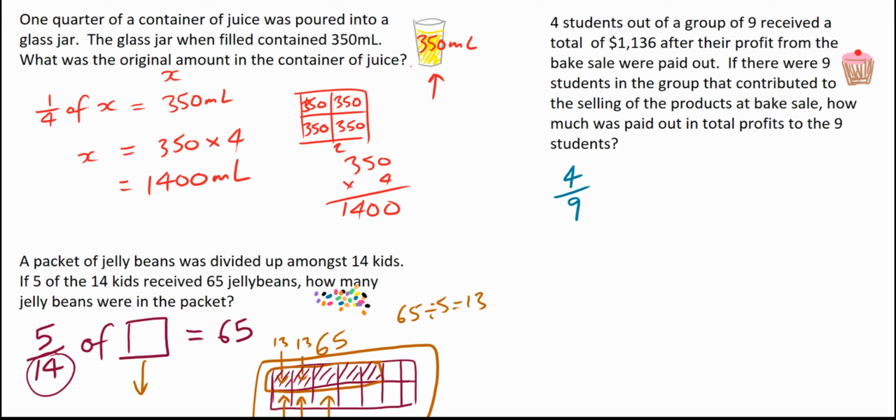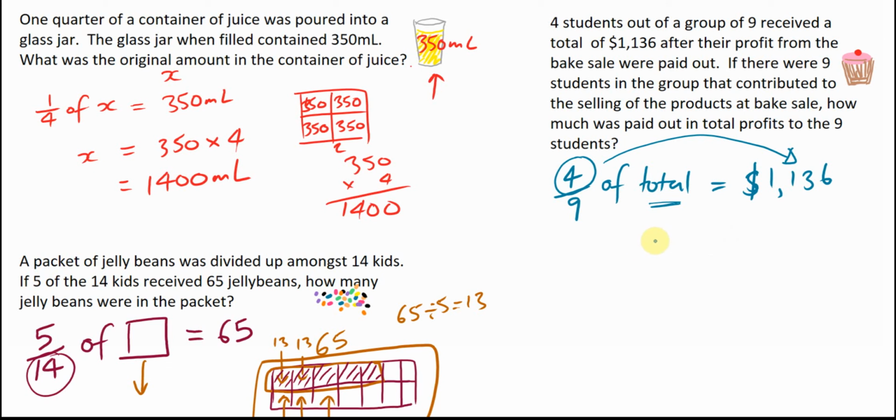So what do we know? We know that 4/9, so 4 out of 9, received this amount. So 4/9 of the total amount is equal to 1,136. So these 4 students received that amount there, but we want to know what the total is.